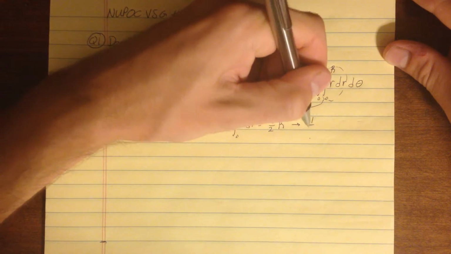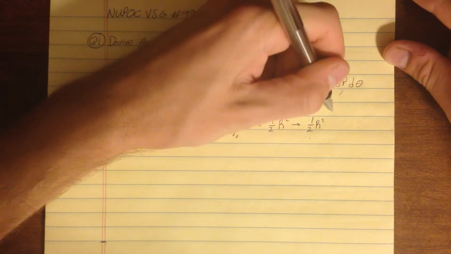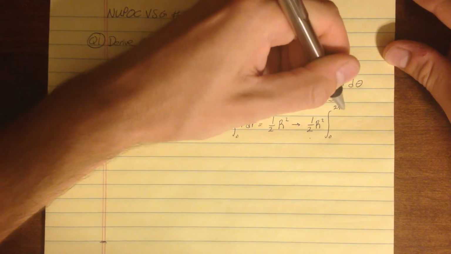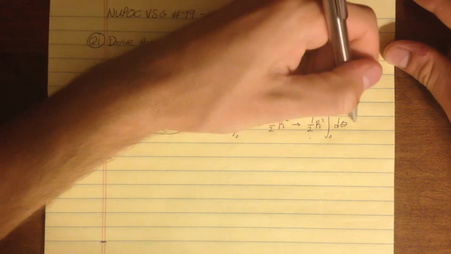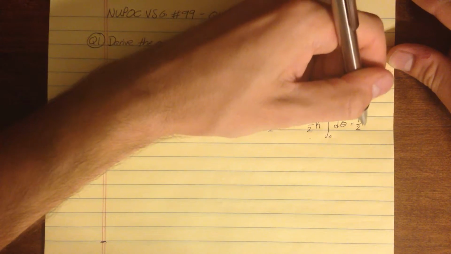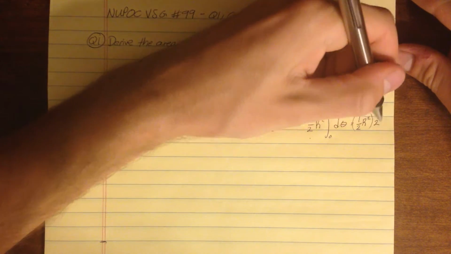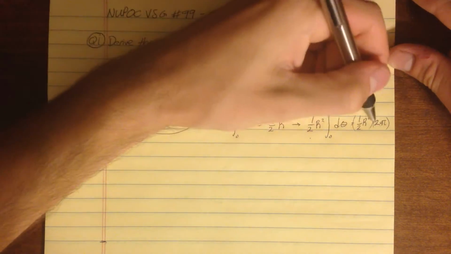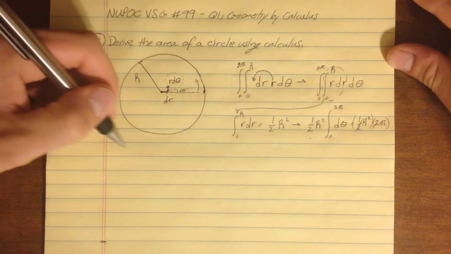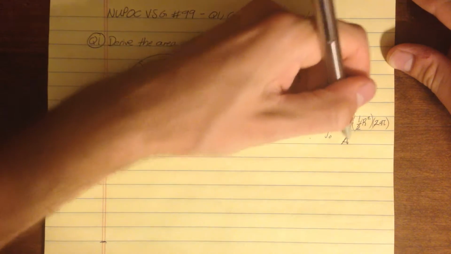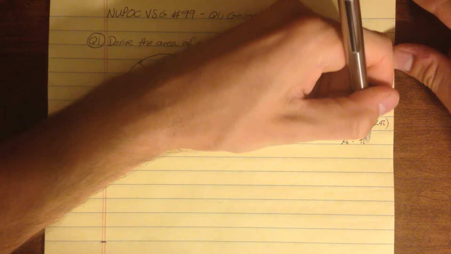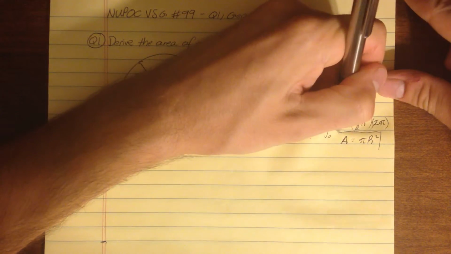So we have 1/2 capital R squared, integral from 0 to 2 pi of d theta, which equals 1/2 R squared times 2 pi. And so the 2 cancels with the 1/2, and we have the area equals pi r squared.